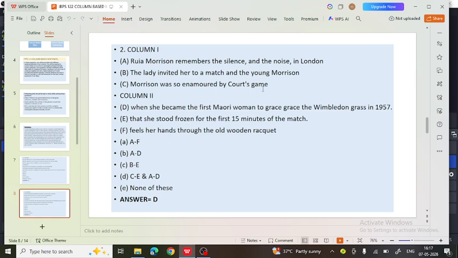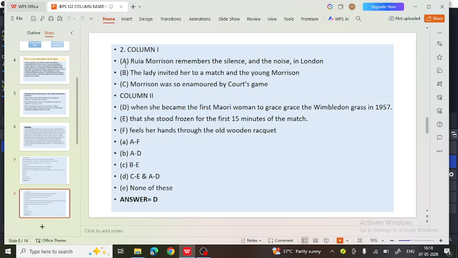Yes, it can go with C. Now let's see the other option too. Morrison was so enamored by the court's game, feels her hand through the old wooden racket. So F did not go with C. But C and E are able to form a pair.